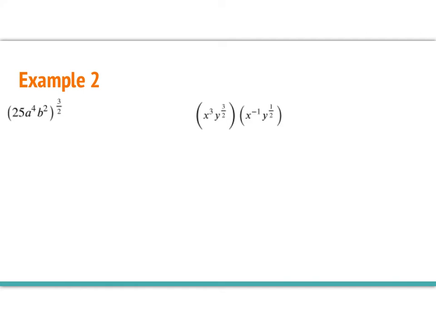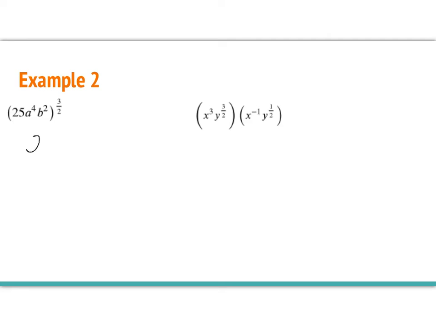Okay, 25, a to the 4, b to the 2, all raised to the 3 over 2. So what I did first is I took out the number and I left it by itself.